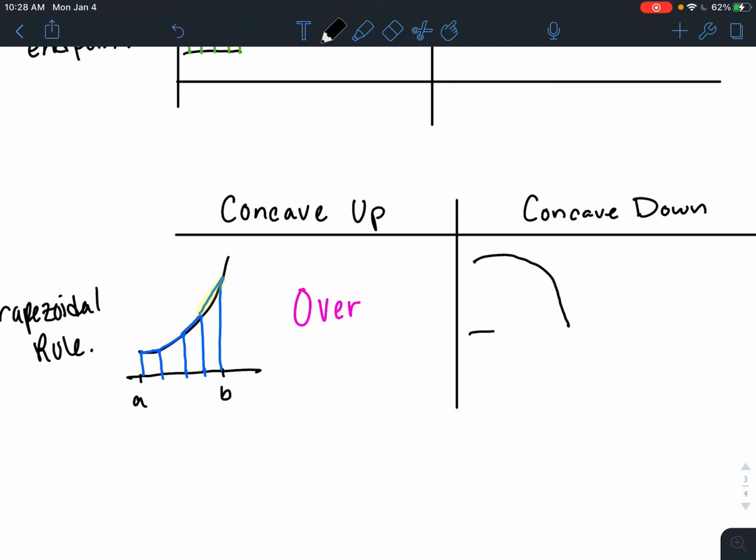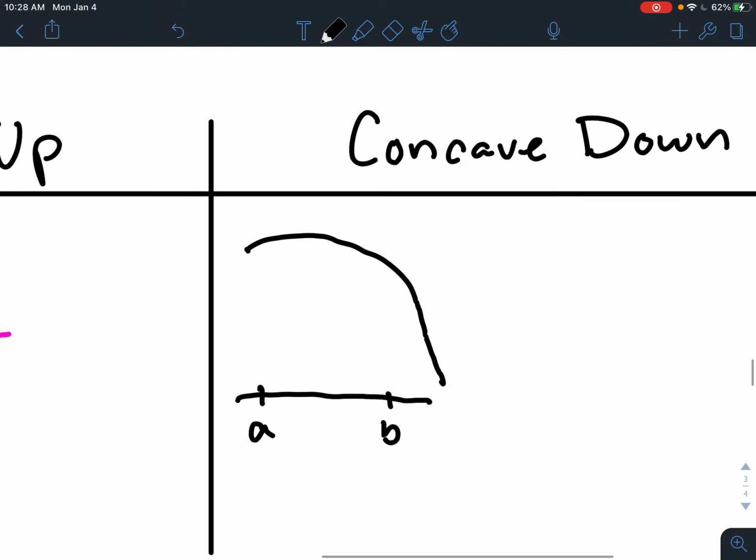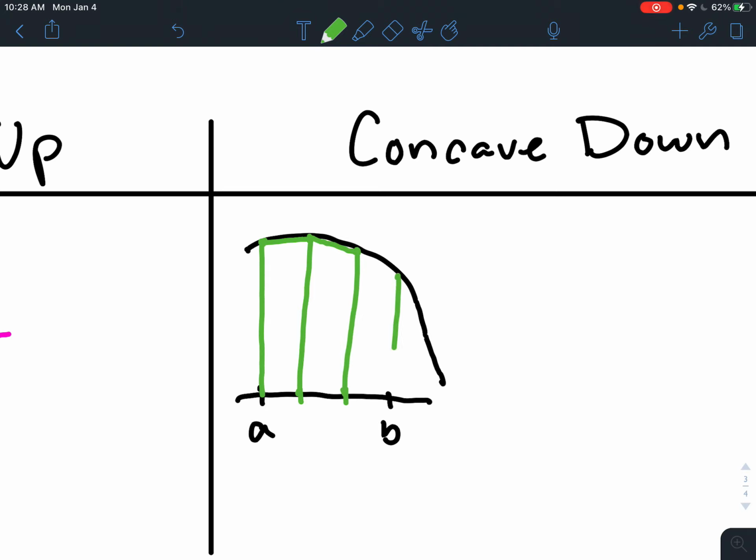Whereas if we have a concave down function, let me see if I can over exaggerate it here to make it easier to see. Now I'm just going to do three subintervals. If we take our endpoints here, this ends up looking a little bit like a rectangle, not bad.